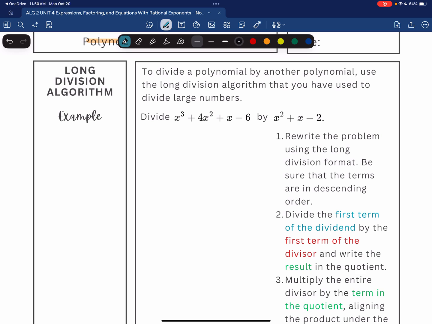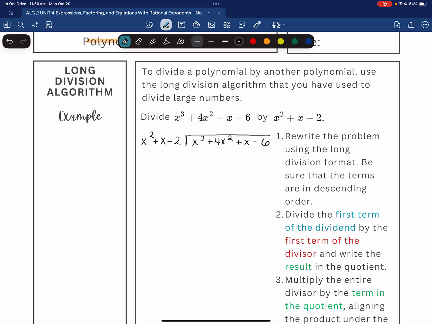So you place outside of your little divider the amount that you're dividing by, and inside you're going to put the x cubed plus 4x squared plus x minus 6.